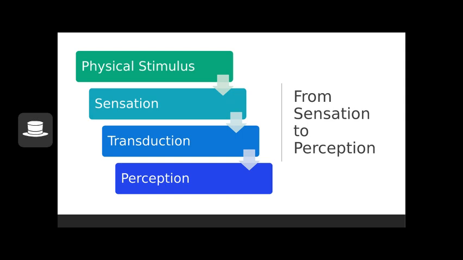There are little rods and cones on the retina that respond to light, and that sends information through my optic nerve. So we take light energy, and now it's the biochemical energy of our neurons sending information to my occipital lobe, which my brain then processes, and that is perception, right?